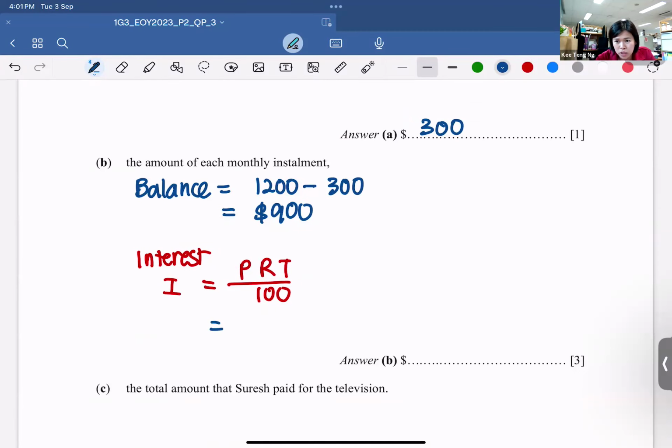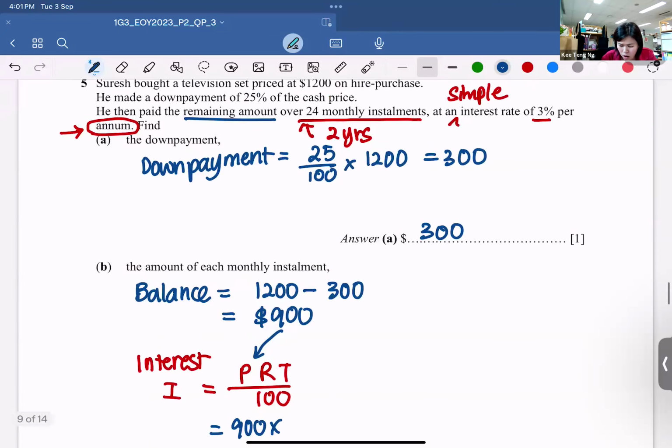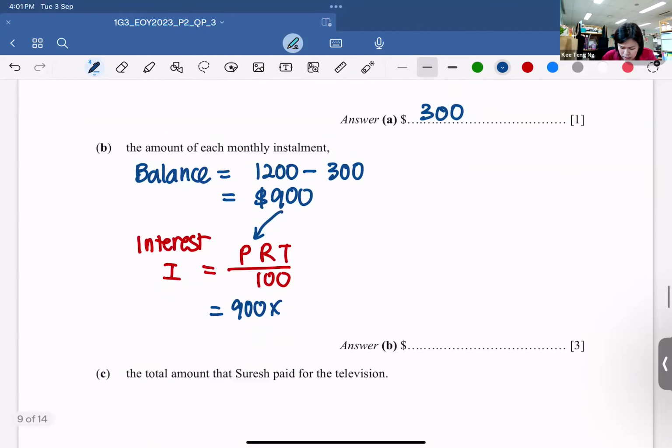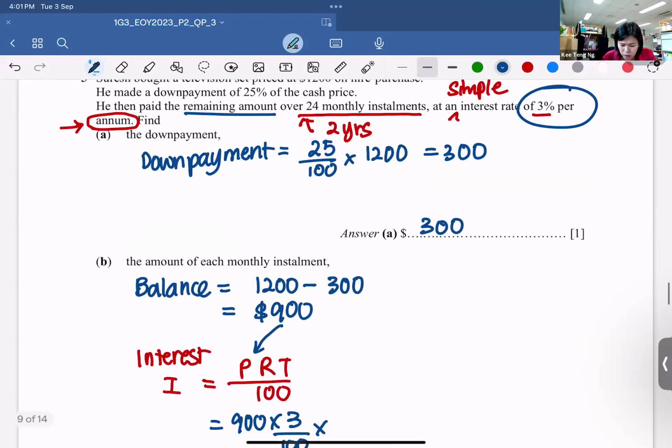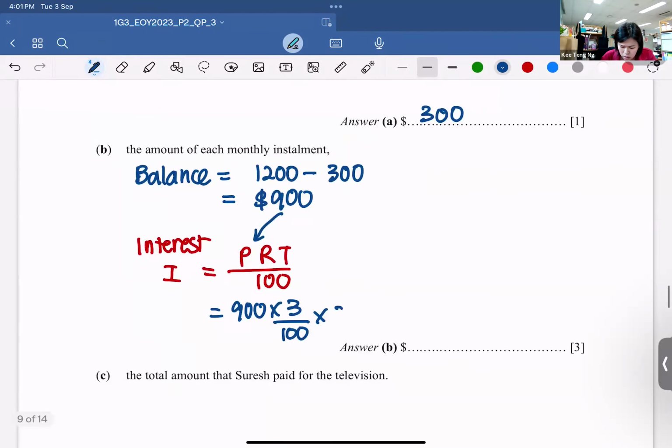Yes, we should use the remaining amount, not the original total. So 900 times my interest rate of 3%, and the time period is now 2 years. I get 900 times 3 over 100 times 2, which is $54.